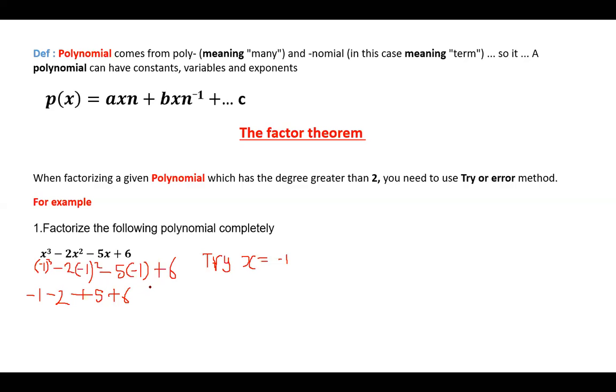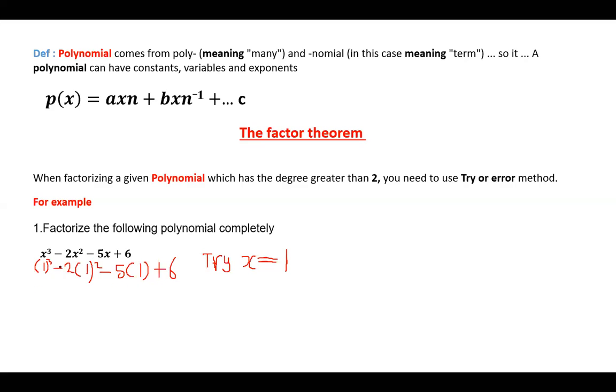So let us now try x being equal to positive 1. If x is equal to positive 1, we're simply going to erase the negatives there and see what we have.